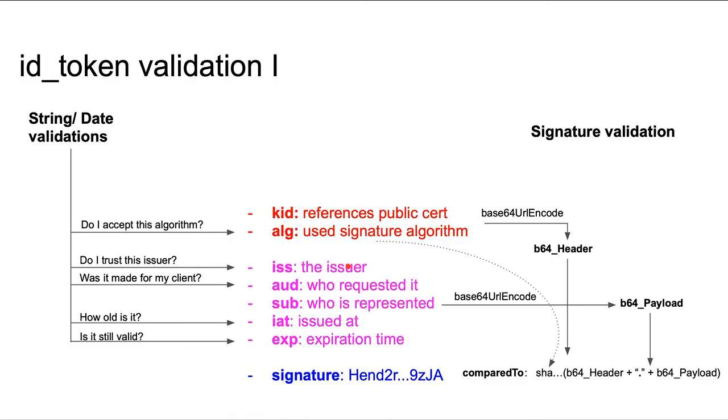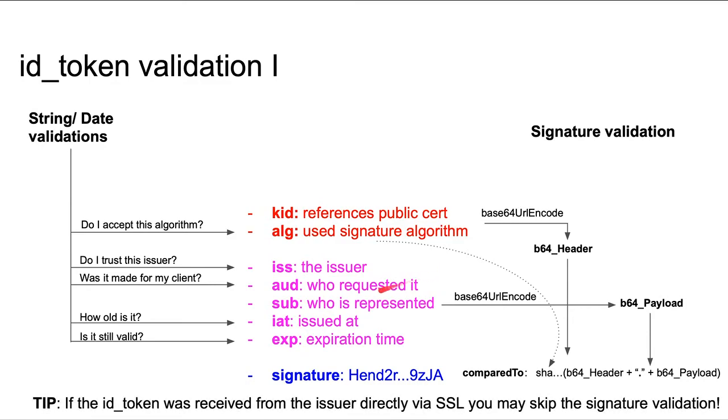If you are now worried that signature validation may be quite a big effort, although of course I would always recommend using a library for that, there's good news. There's a little tip for you. If the ID token was received from the issuer directly via SSL, you may skip the signature validation.